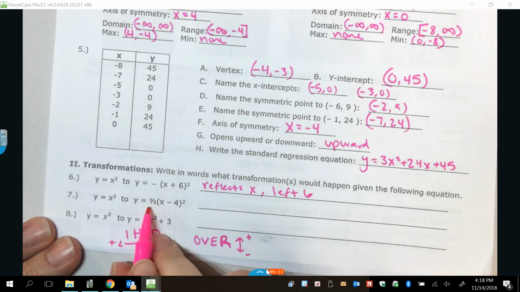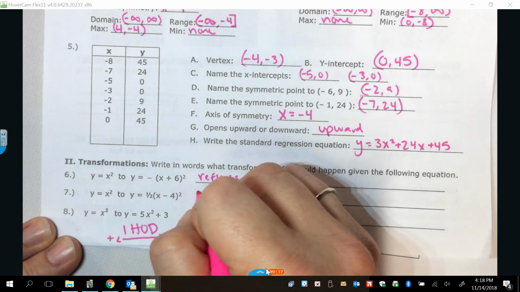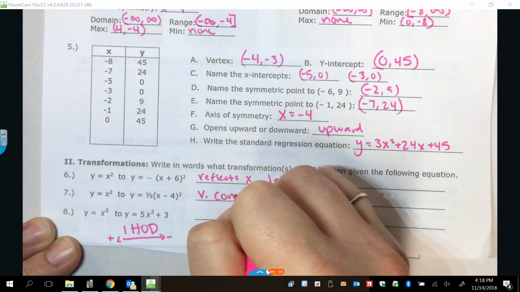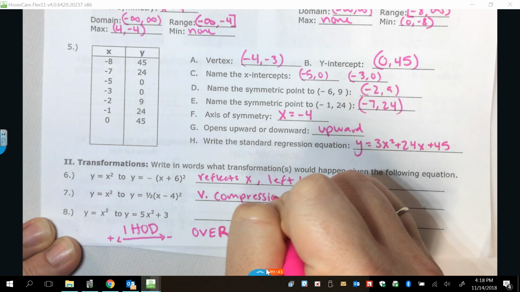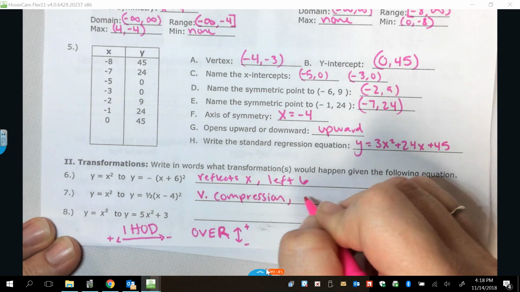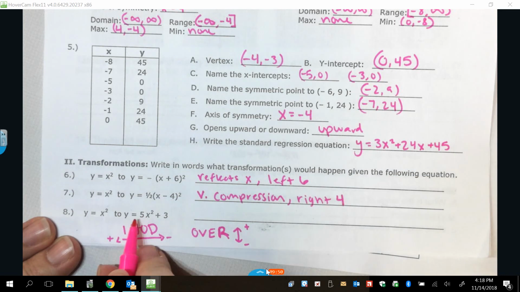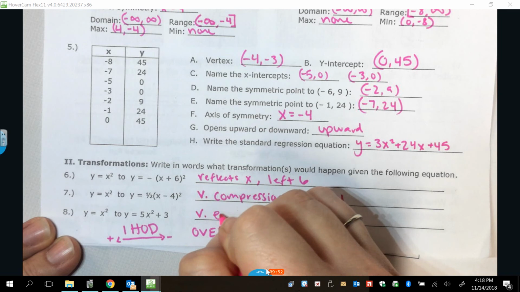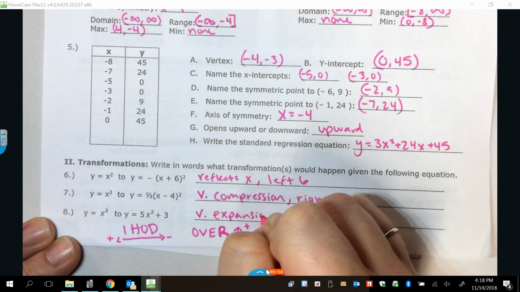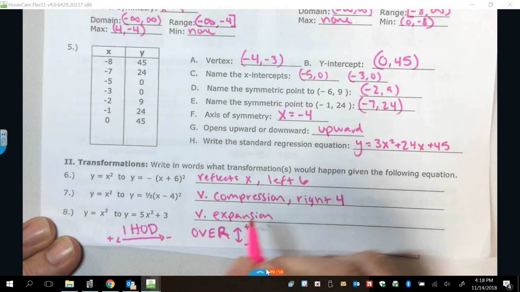Now, multiplying means compression or expansion. So this means a vertical compression because it's smaller than 1. And minus 4 on the inside is horizontal, so right 4. Vertical expansion because it's got a number bigger than 1 being multiplied, and a plus 3 on the outside, so it's vertical, and it goes up 3.